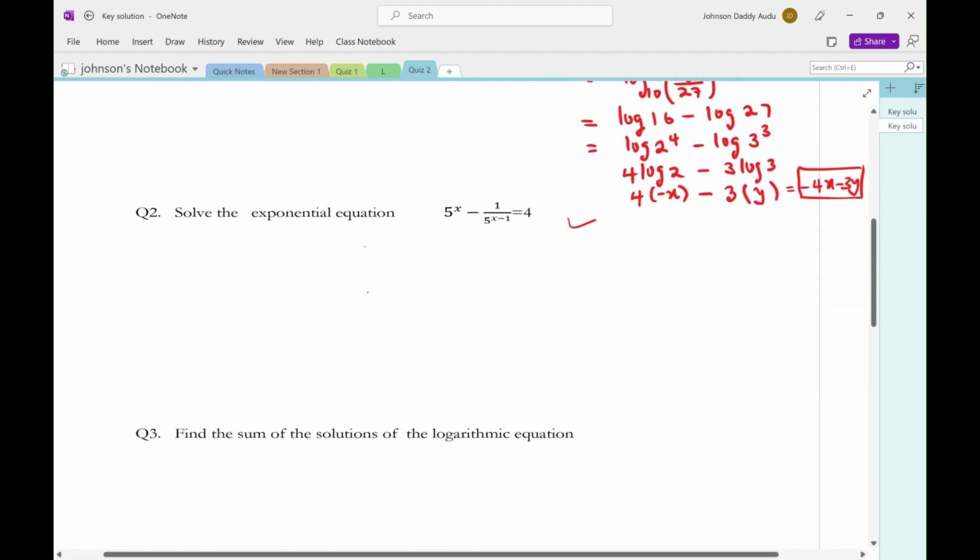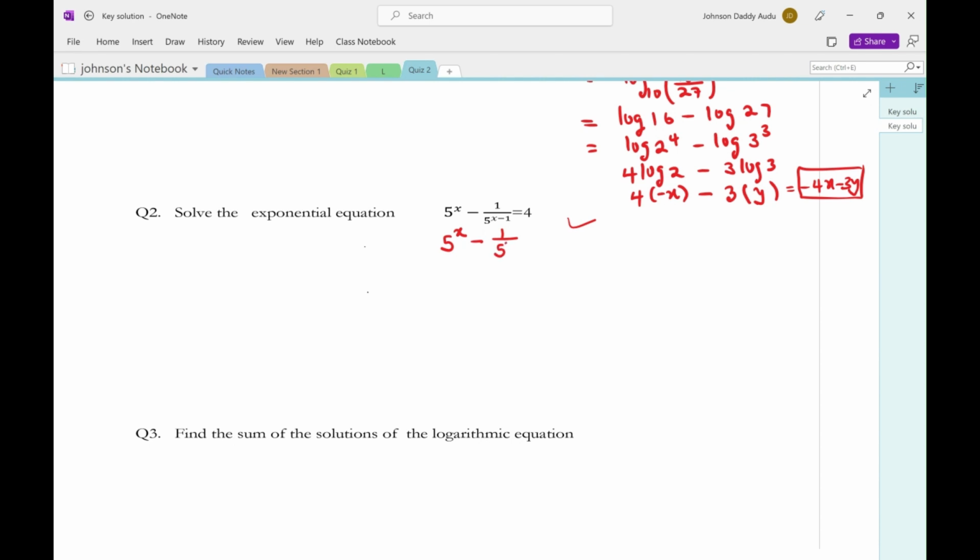Now, number two is an exponential equation. If you look at this carefully, we can rearrange this and write it as 5 to the power x times 5 to the power minus 1 equals 4, right?